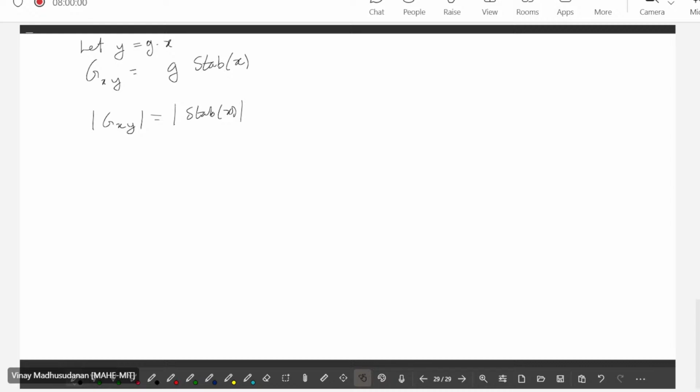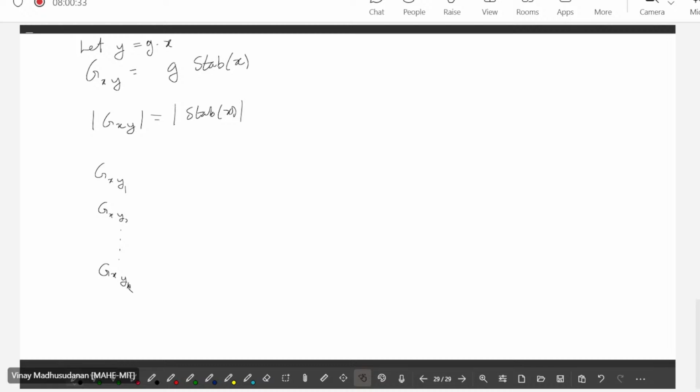Now, if you take all the distinct g_xy, for all the distinct elements y1, y2, etc., yk in the orbit of x, is this a partition of G? Any element of G has to map x somewhere. Somewhere means where? Somewhere in the orbit.